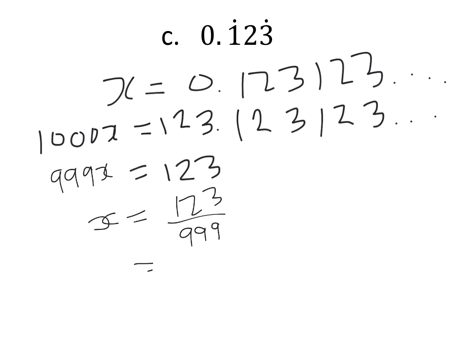Can we divide that by 9? No. We can divide it by 3. We'll go in 41 times, and then 3 goes into 999 333 times. And 41's prime, so we're stuck there. That's your fraction.